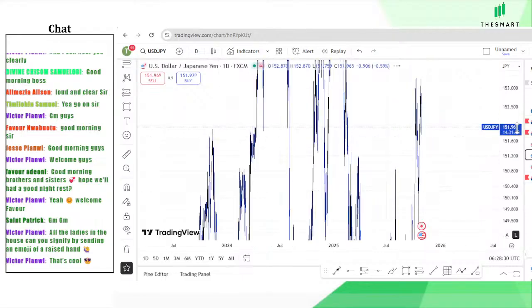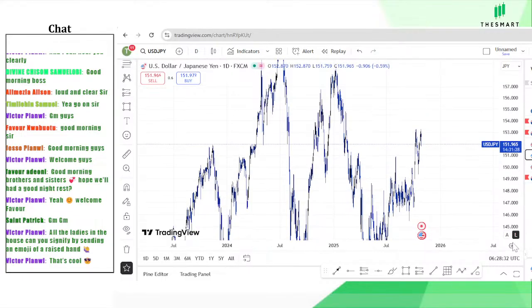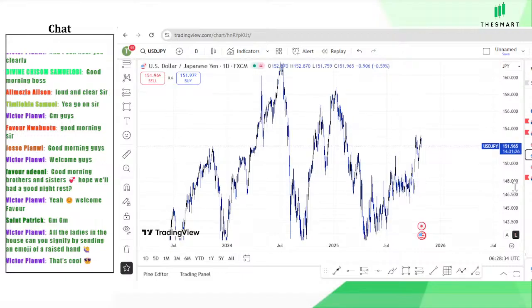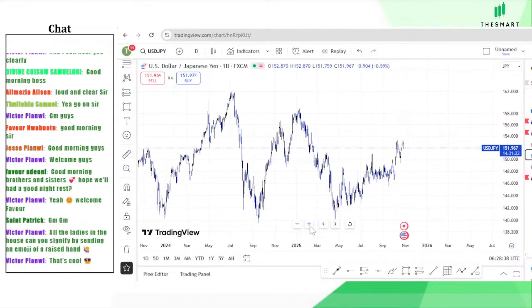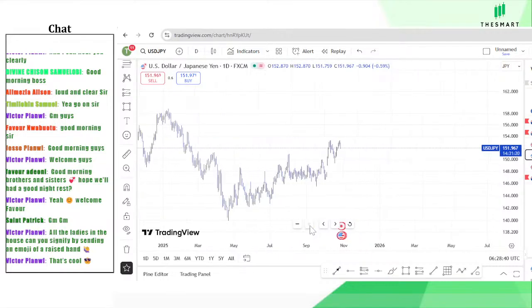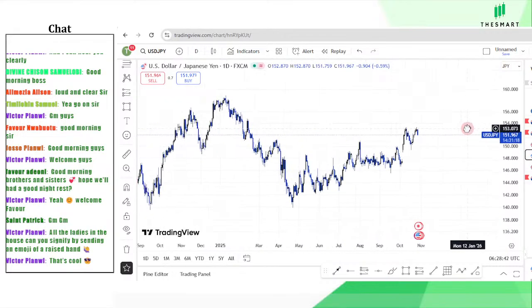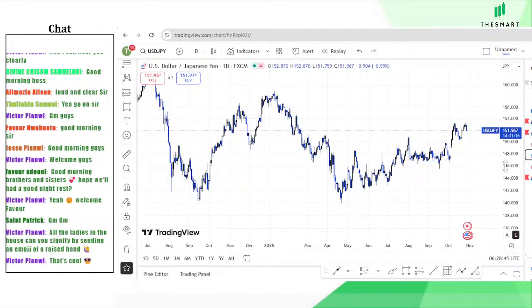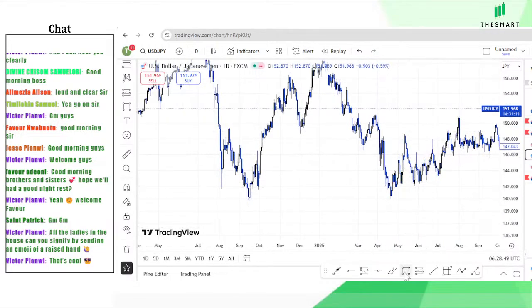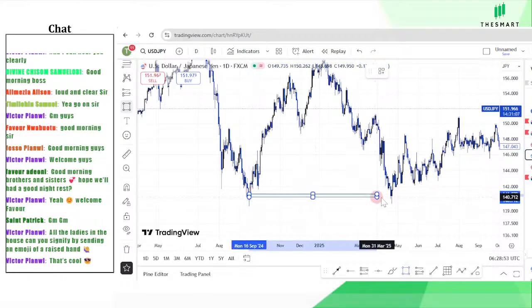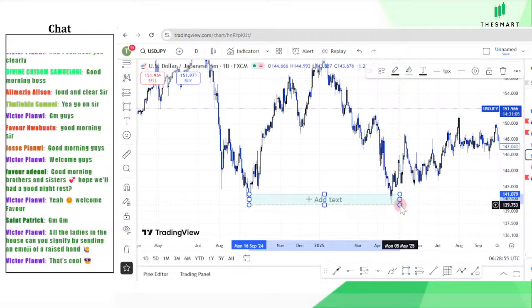Okay, so looking at USD JPY from the daily level, this is what we have on the daily level. Let's look at where this trend is coming from. We can see this level here, and this is what multi-time frame analysis helps you to do.